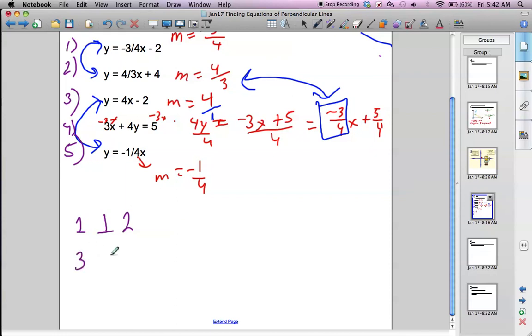Line 3 is perpendicular to line 2, and oops, that's line 4 is perpendicular to line 2, and then line 3 is perpendicular to line 5. Alright, so those are all of our perpendicular lines there.